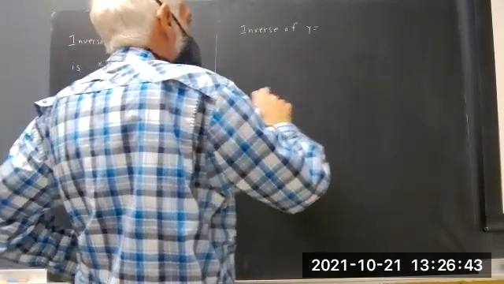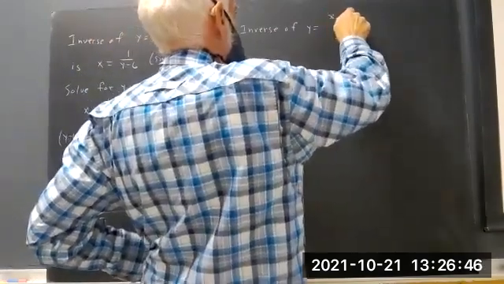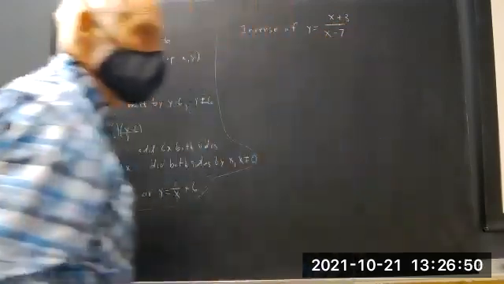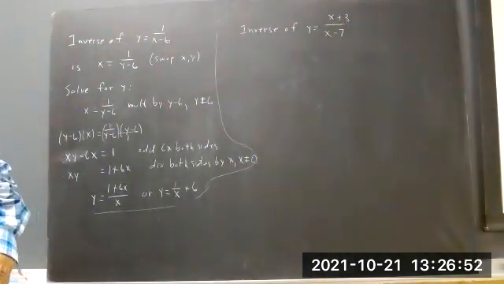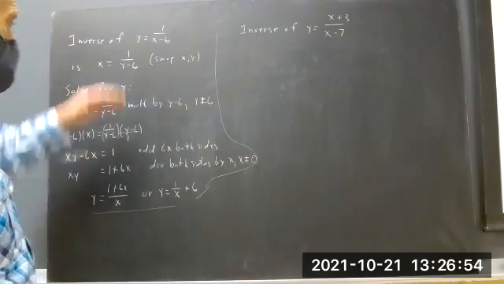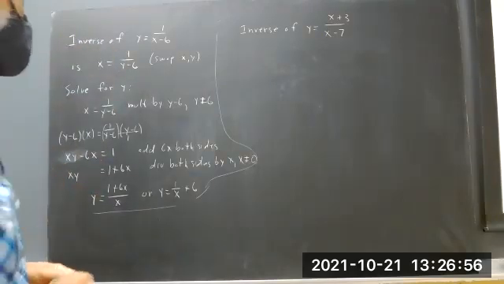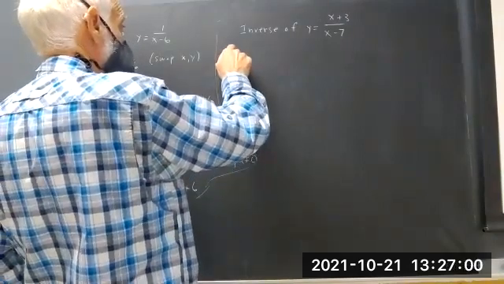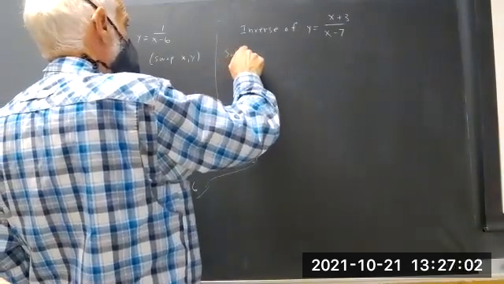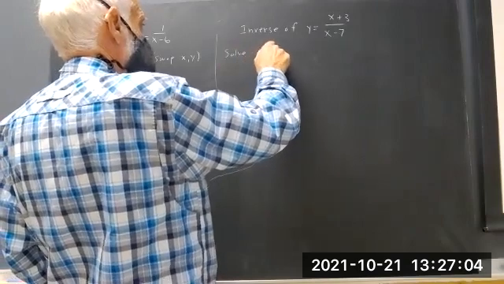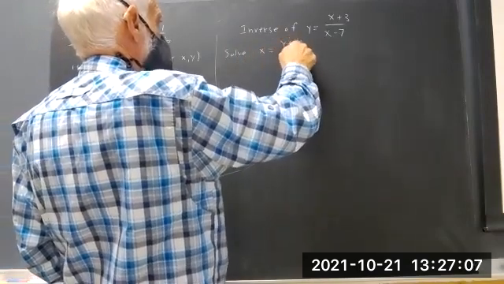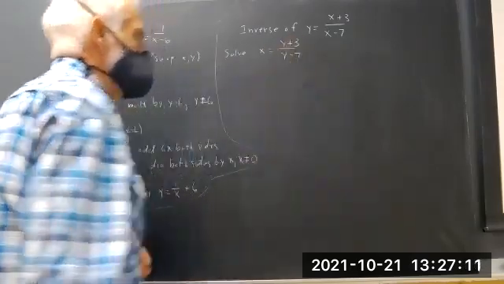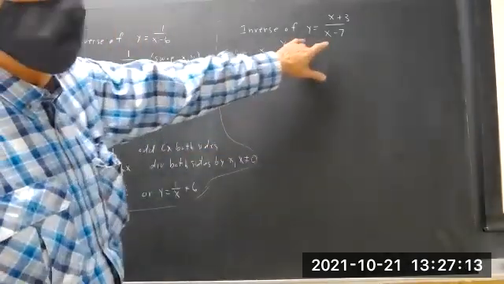Of y equals x plus 3 over x minus 7. Now the algebra steps are similar. First, we switch x and y.